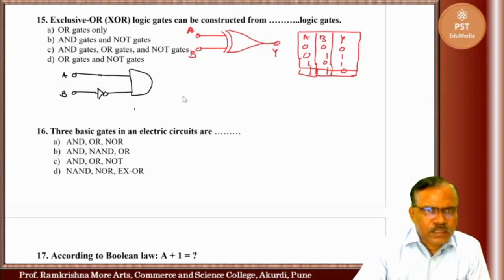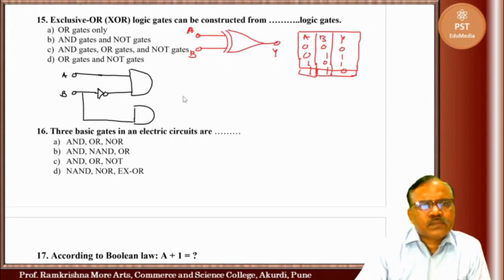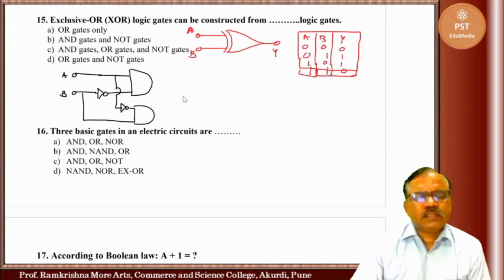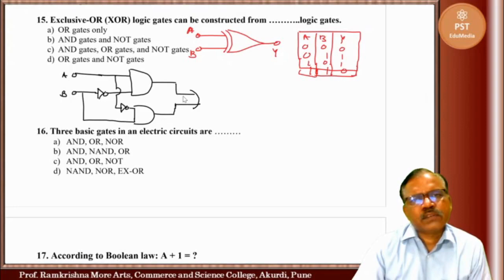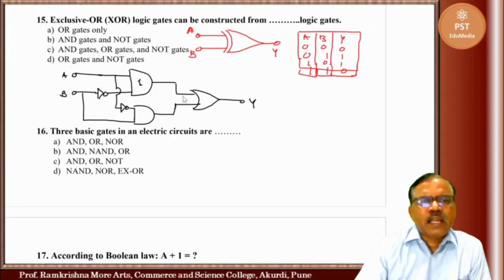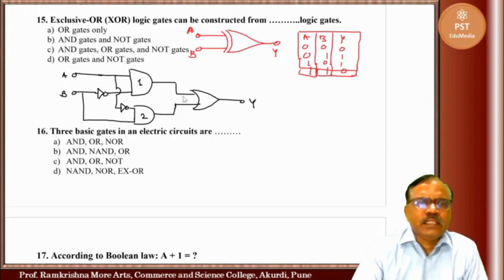Then we use another NAND gate, like this, and then we use OR gate, and here it is Y. So if we take this first NAND gate and second NAND gate, now if we see here, we have A here, B here.